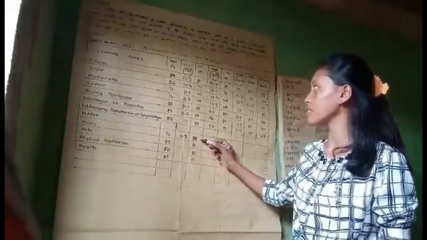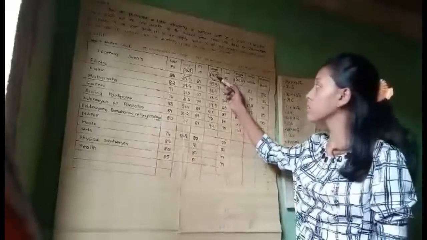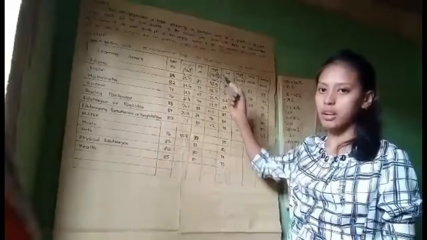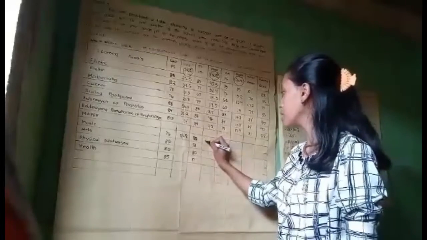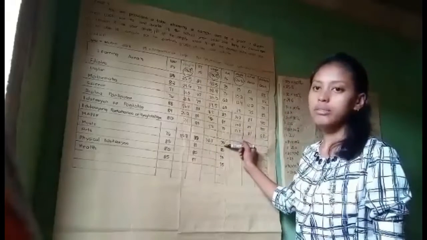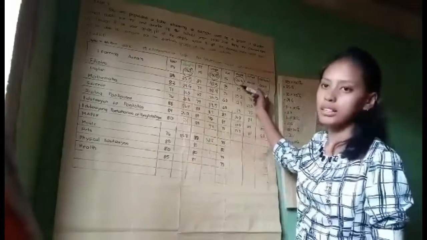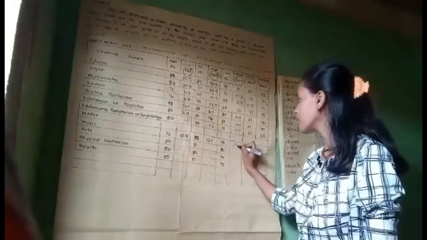Next, 77 times 50% is equal to 38.5. Next is 75 times 20%, which is equal to 15.